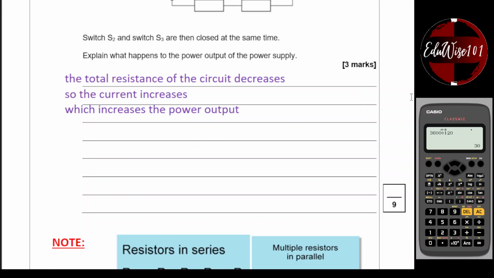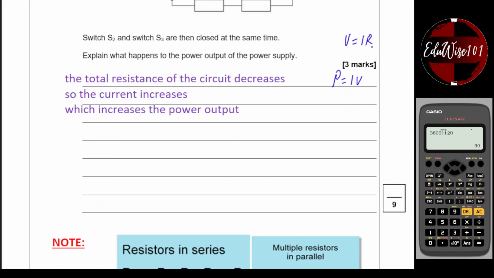Now, power depends on the current and the voltage. The voltage is fixed, and we have the equation V equals IR.